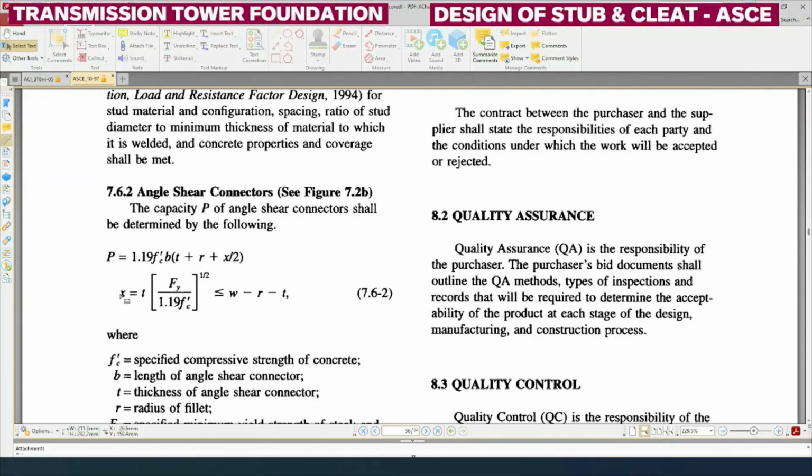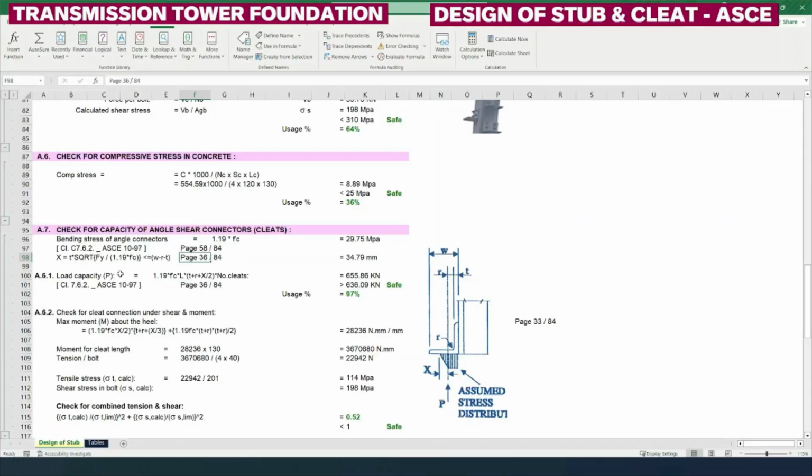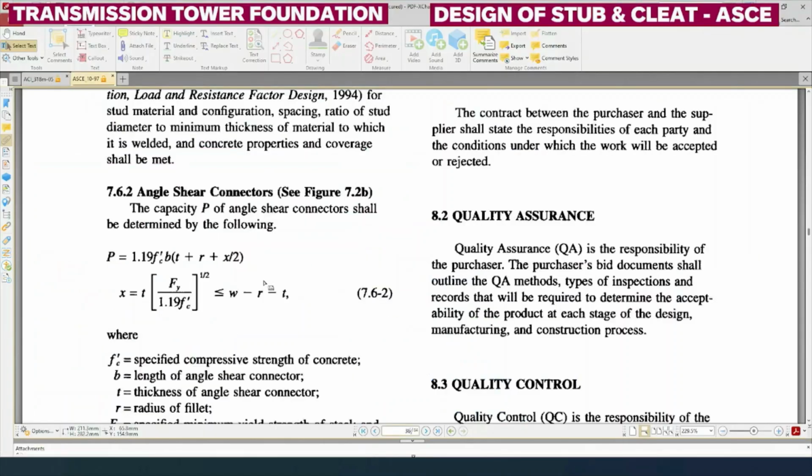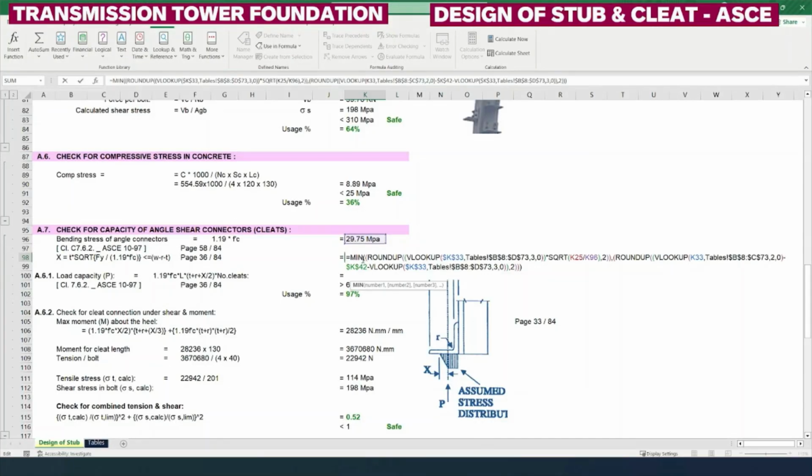So here you can see the equation is given: x equal to t into square root of Fy divided by 1.19 Fc, which should be less than or equal to W minus R minus T. So in that we can consider the minimum of t into square root of Fy divided by 1.19 Fc and W minus R minus T, as per the code equation under clause 7.6.2.